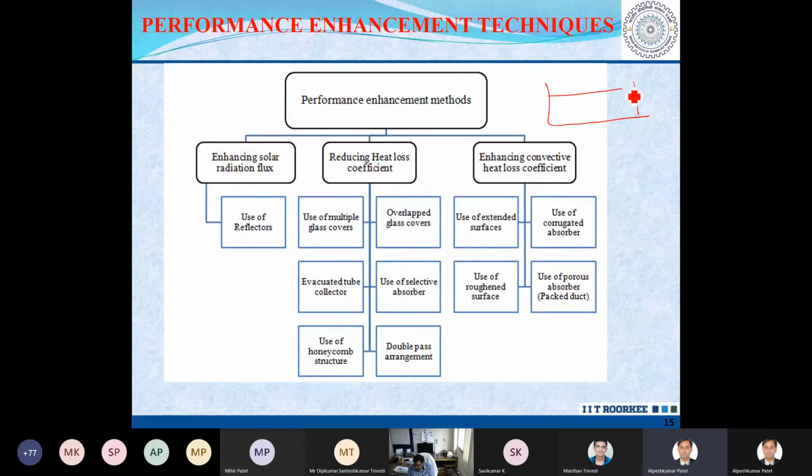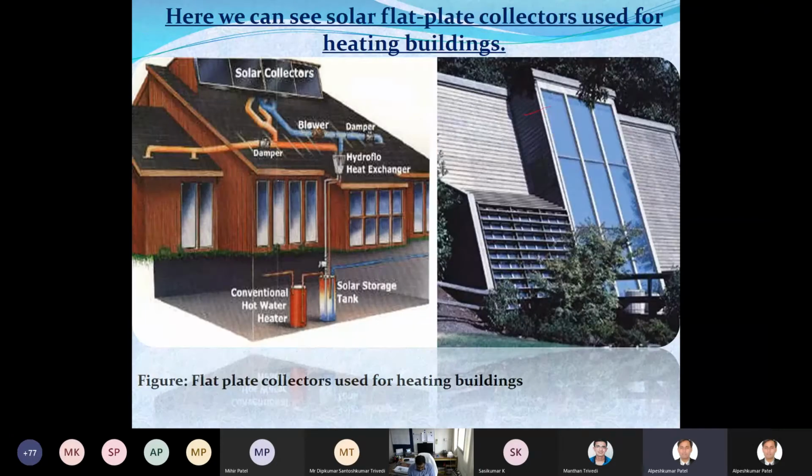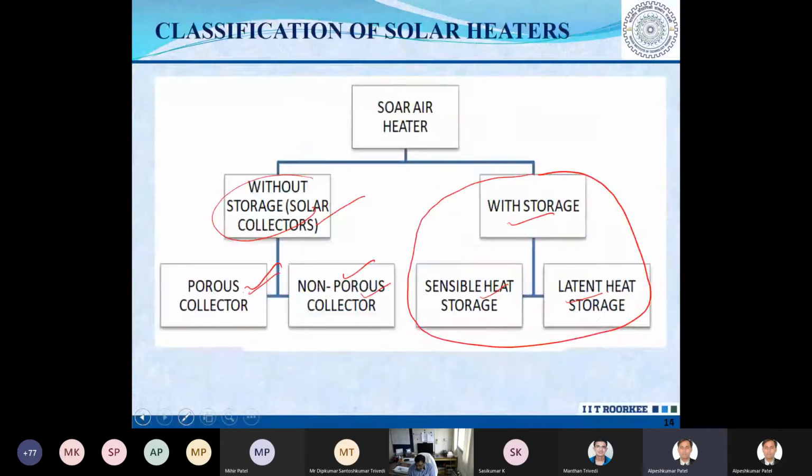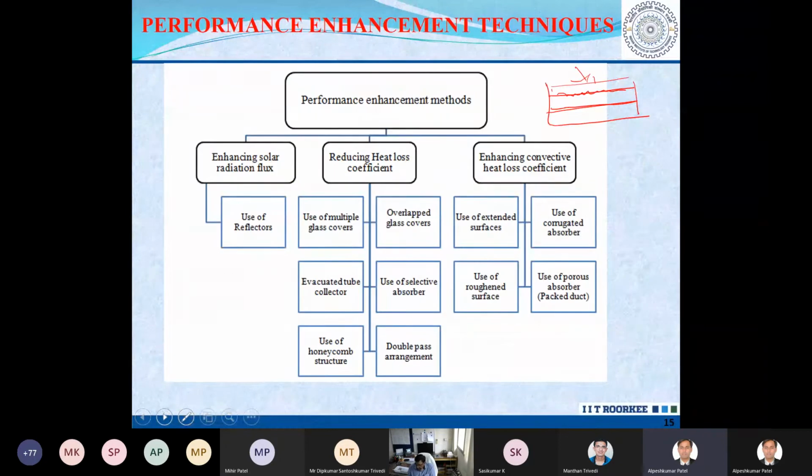Suppose this is the duct here, and this is the absorbing plate, and this is the transparent cover. So non-porous means in this duct, nothing is there. That is free, and that is non-porous type.